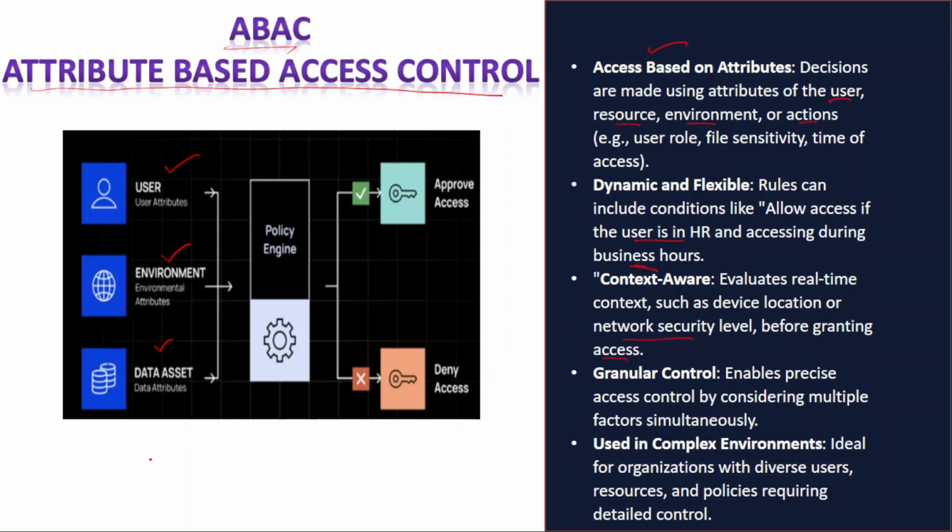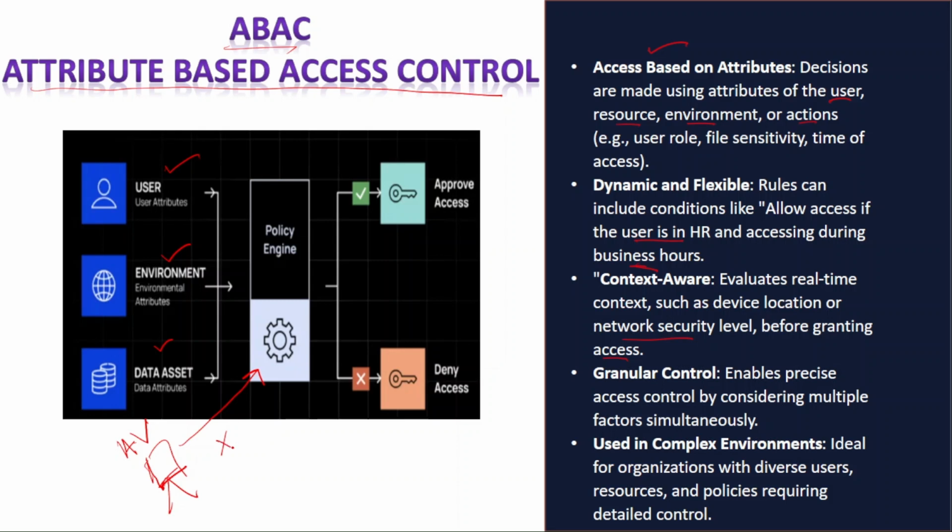So for example, let's suppose a device wants to access a system. There may be a policy that the policy engine will first check whether antivirus is installed on this device or on this PC. If antivirus is available and updated, the PC will be granted access, and if antivirus is outdated or not available, the access will not be given.